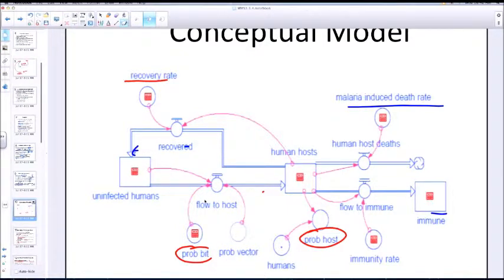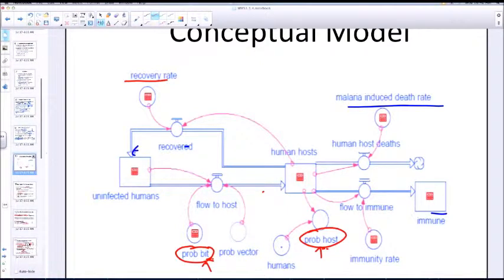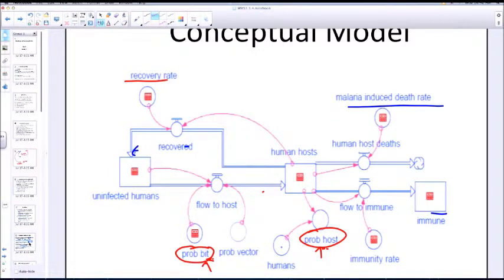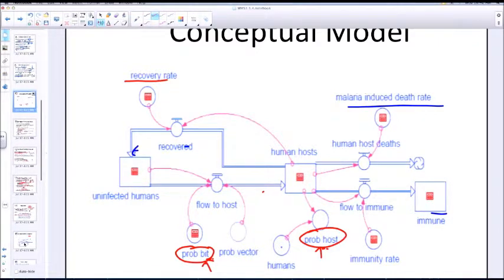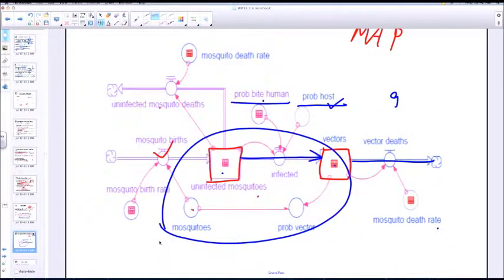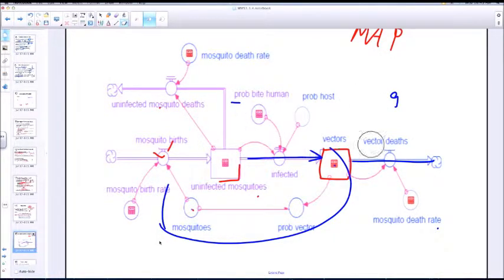So you understand these two, not only in the human model, also in the mosquito model. Let me see, in the mosquito. Okay, that's the human model. Let's go to the mosquito model. In the mosquito model, let's look where you use that.